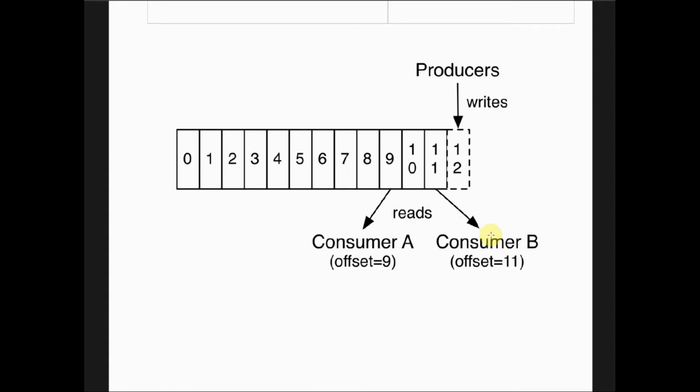Similarly, consumer B is at offset 11, which means it has successfully received the records from position 0 to position 10. So as and when the producer keeps writing data to the topic, consumer A and consumer B will keep on subscribing and reading the messages. So this is how Kafka offset and Kafka commit work.